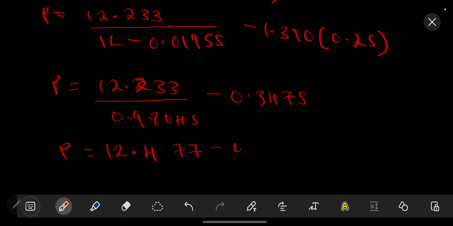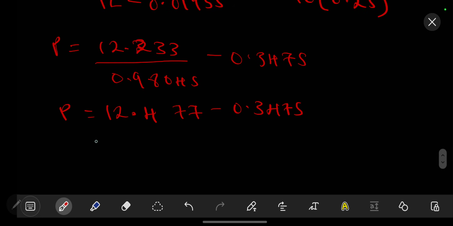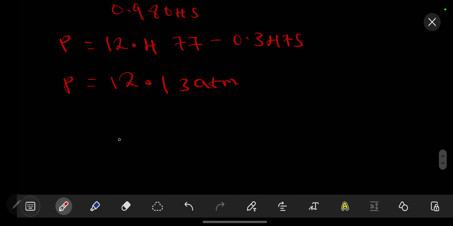Then minus 0.3475. When we subtract these two, our pressure will be 12.13 atmospheres.